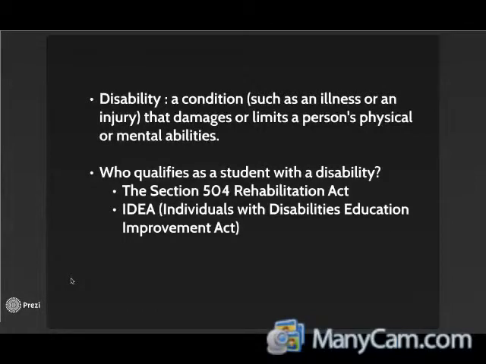So that definition is a little bit more narrow than what Section 504 requires. And the IDEA Act is implemented in schools, correct? Correct, yes. Public schools.